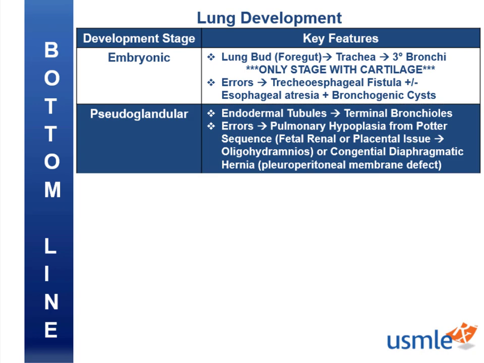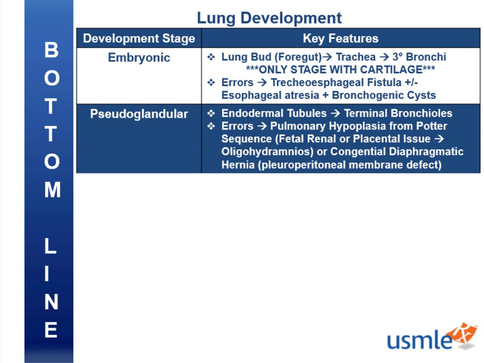Next, the pseudoglandular stage begins the fetal period of development, where the lungs grow in size and complexity, with the endodermal tubules resembling glands at the gastrointestinal tract where the lung bud forms from, hence the name pseudoglandular, into terminal bronchioles.